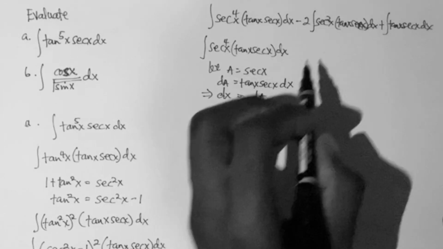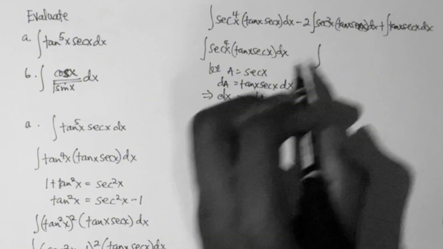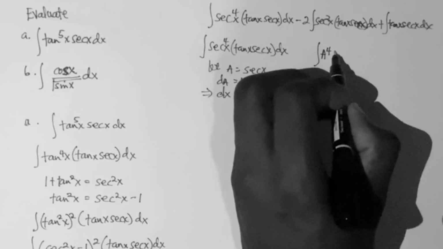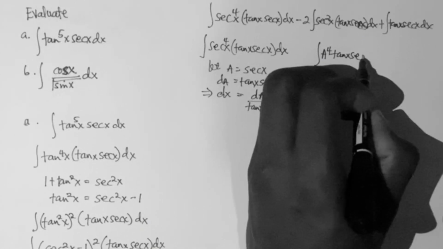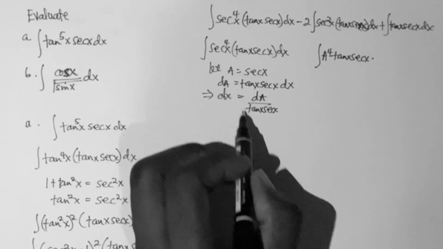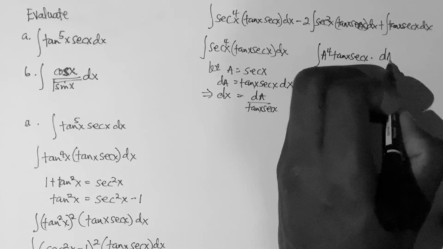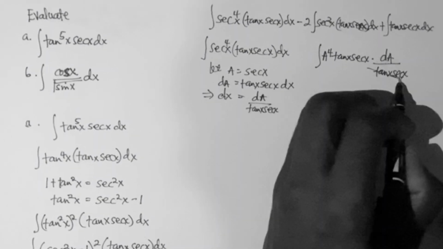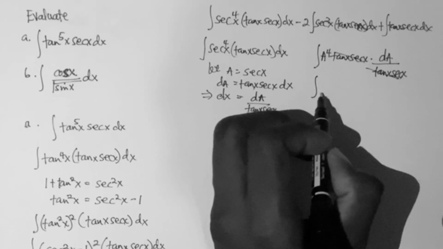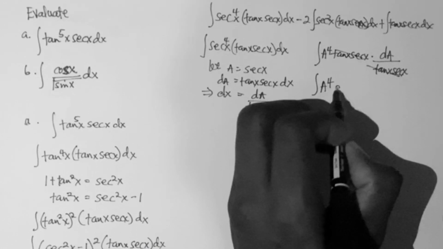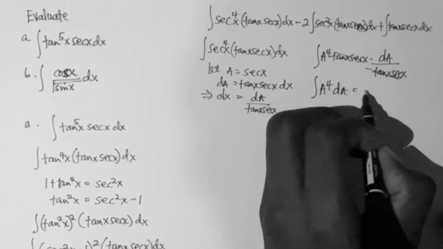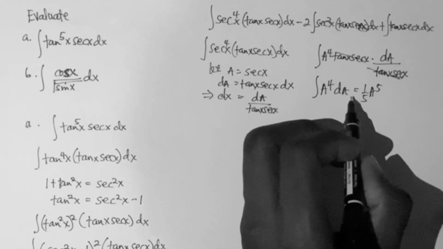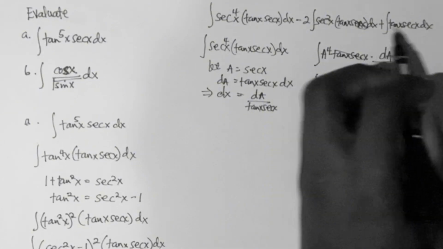So the integral becomes integral of sec x exponent 4 becomes a exponent 4, and then tan x sec x times dx is now da divided by tan x sec x. So this tan x and sec x can cancel. So the integral becomes integral of a exponent 4 da, and that is equal to 1 over 5 a exponent 5. But I'll add a constant of integration when I'm done with all of the integrals.